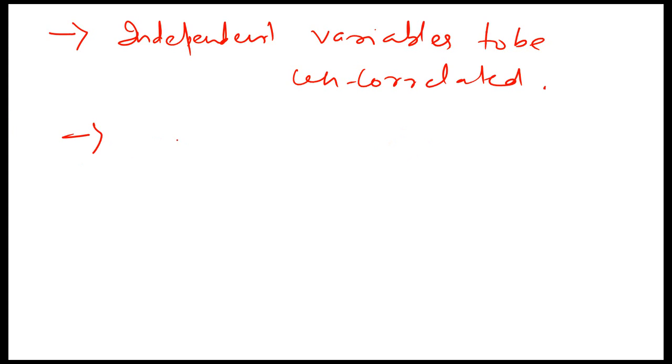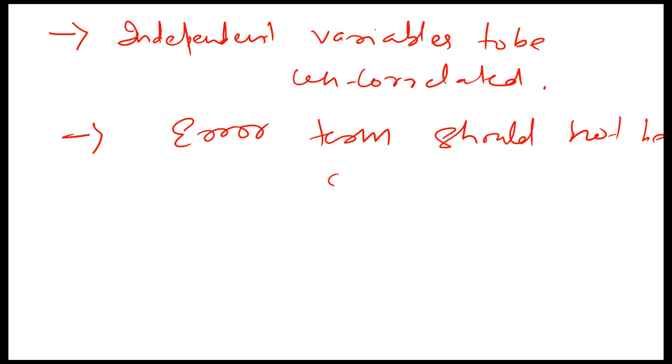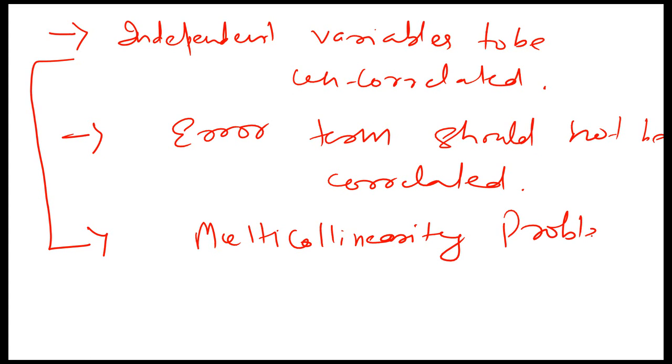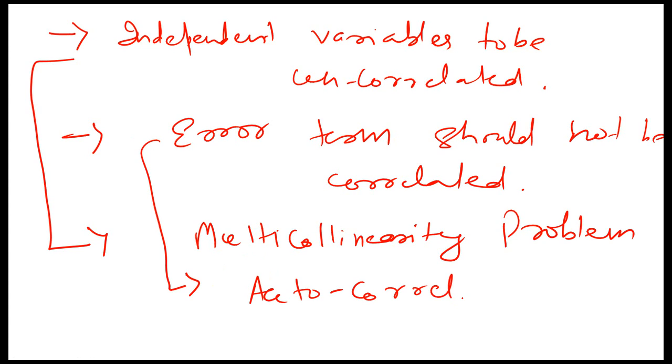The error term should not be correlated. The problem that arises when you have correlation between your independent variables is known as the multicollinearity problem. And the problem that arises when you have correlated errors is known as the problem of autocorrelation.